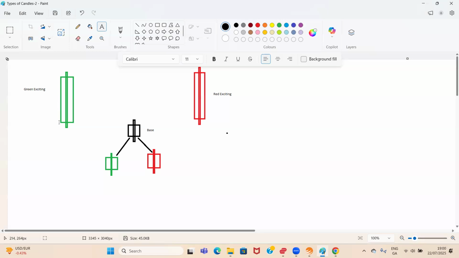So it will be like the price started at 100 and went to 130, 140, 120, meaning the body part has become big for that candle. The volume in that one was heavy, and that's why the body part has become big, and that's what is exciting in the candle, right?